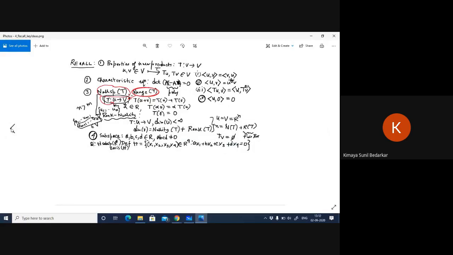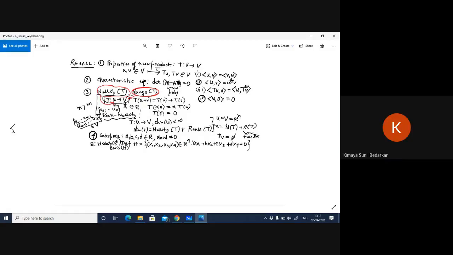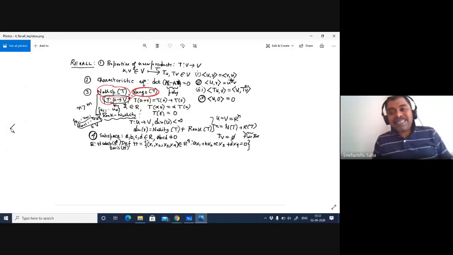Here, I just wanted to clarify the third subpoint of the first point once again. I am still confused about what is happening in the third point. You mean the inner product of TU, V equals inner product of U, T transpose V? Yes, can you just change the notation a bit?